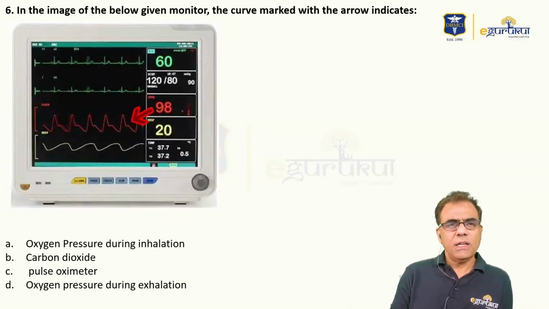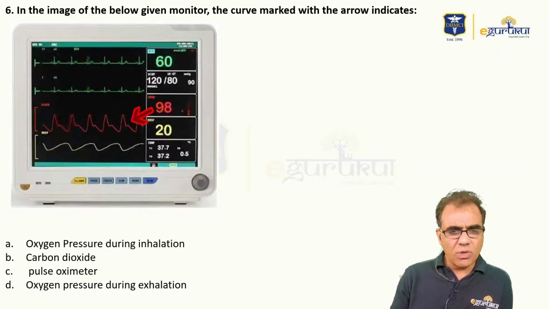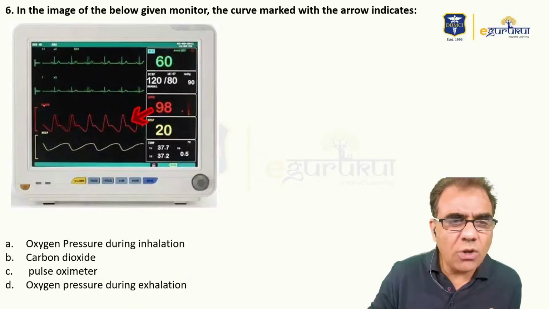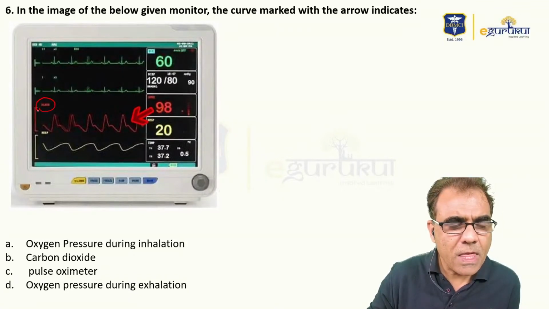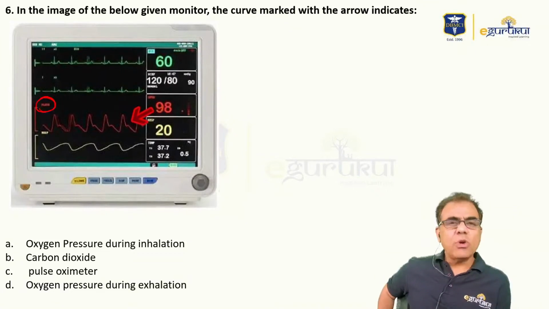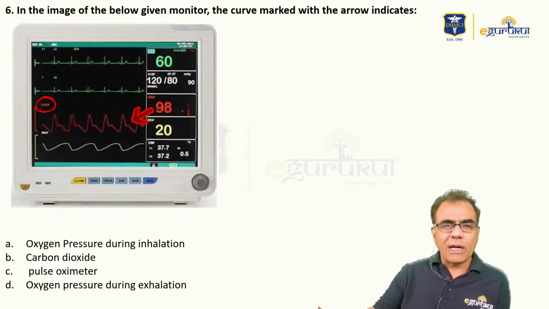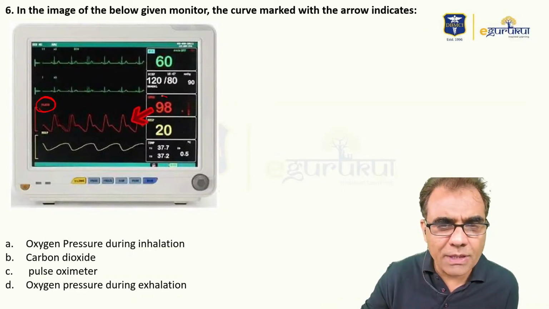Question number 6. In the image of the monitor given below, the curve marked with the arrow indicates: oxygen pressure during inhalation, carbon dioxide, pulse oximeter, oxygen pressure during exhalation. You can see it is also clearly written Pleth. Pleth means plethysmography, and plethysmography is the curve of the pulse oximeter, and it also shows 98%.